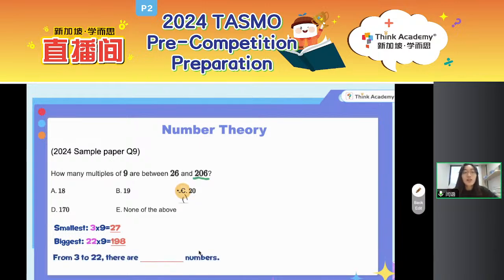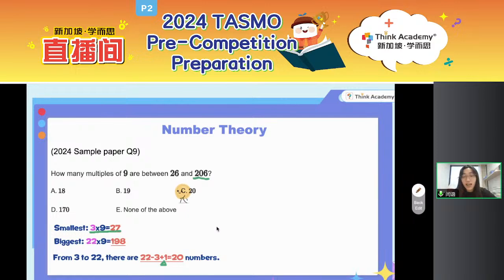Yes, okay. So you can see that the last number minus the first number and then plus 1, you can get the number of items. Why do we need to plus 1? Because you want to keep 27 here, okay? You want to keep the third multiple of 9.